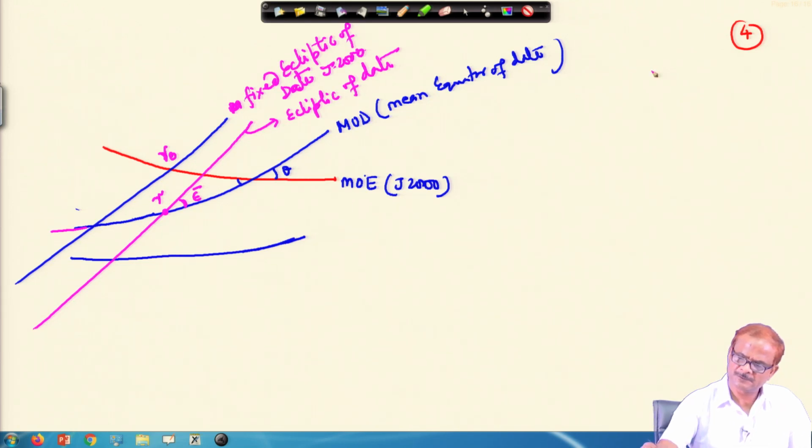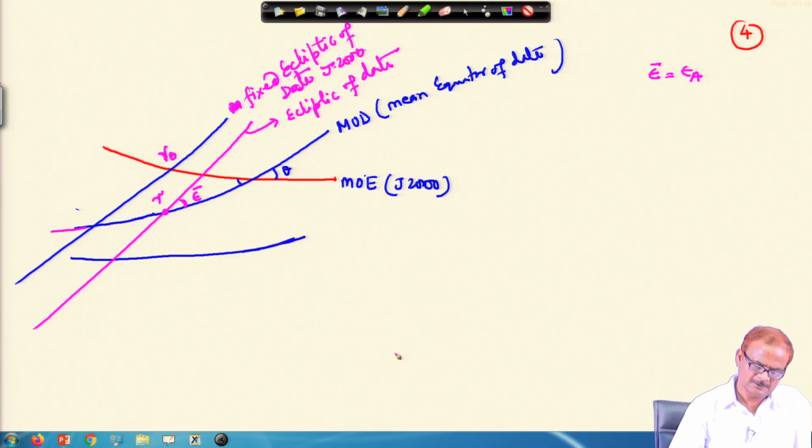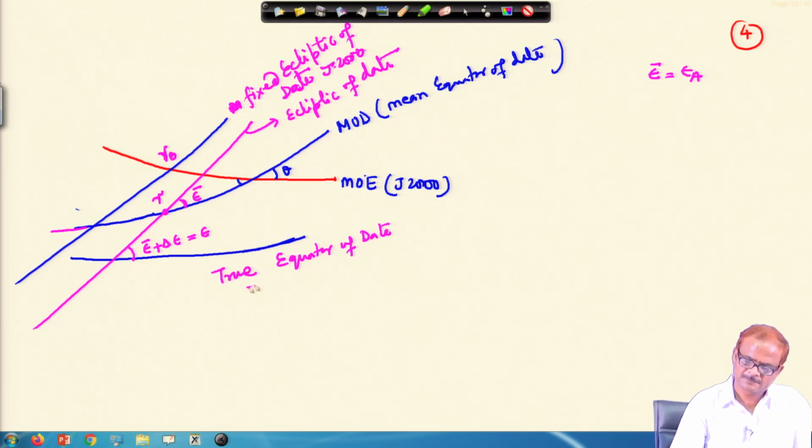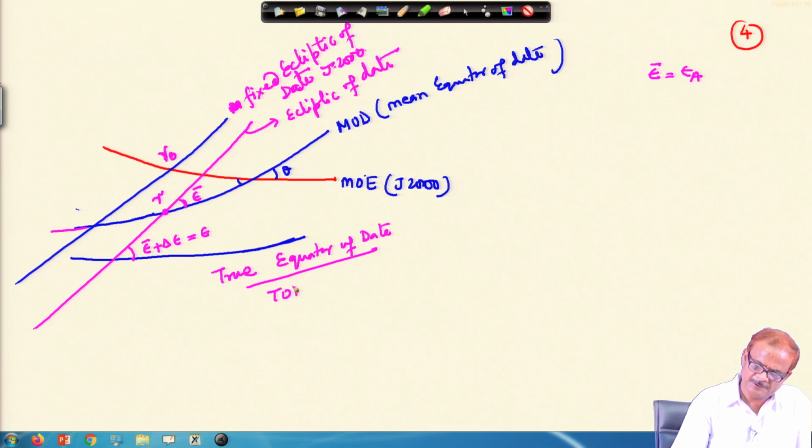On the paper, epsilon bar is written as epsilon A. Finally, once the nutation correction is given, this angle becomes epsilon bar plus delta epsilon equal to epsilon, and therefore this is the equator of date, which we also write as the true equator of date, TOD.